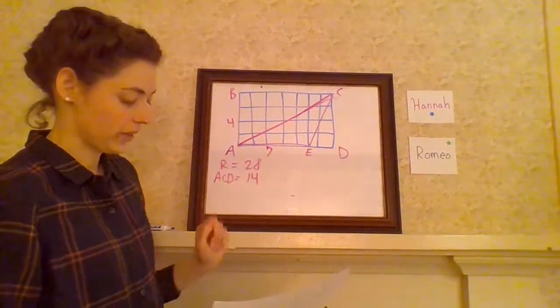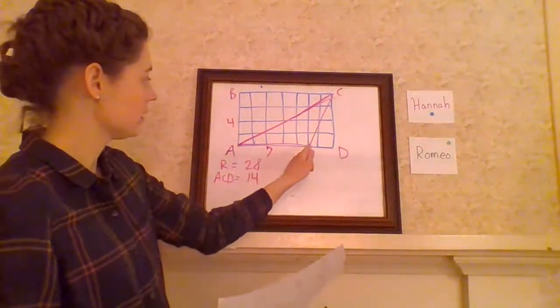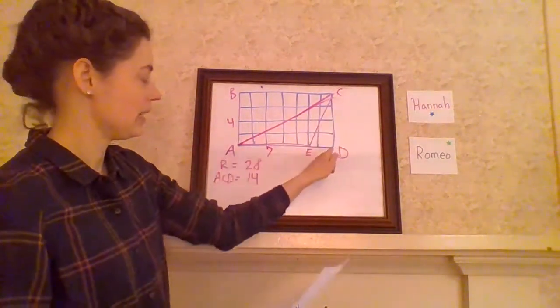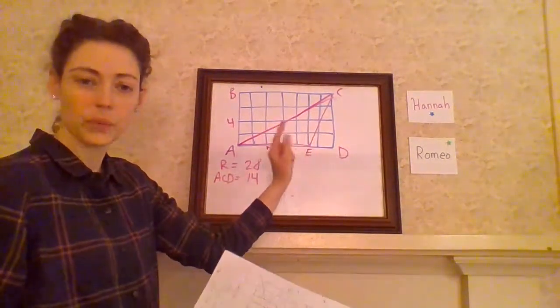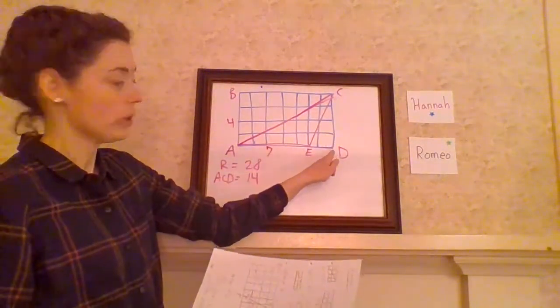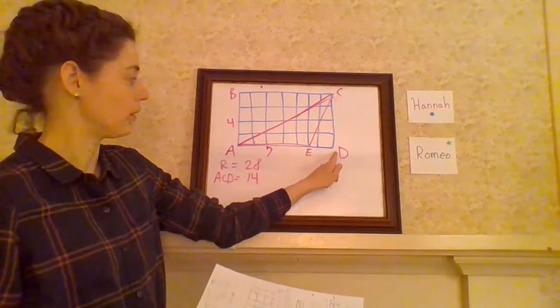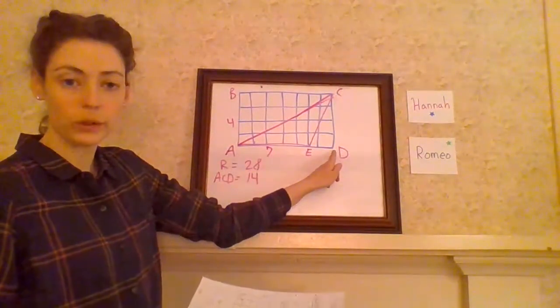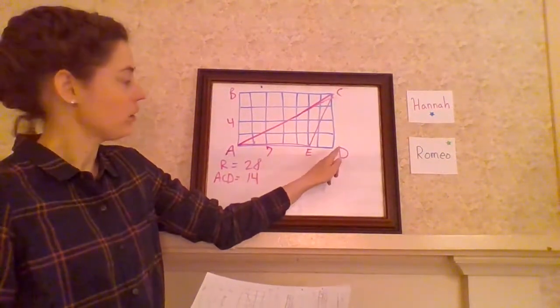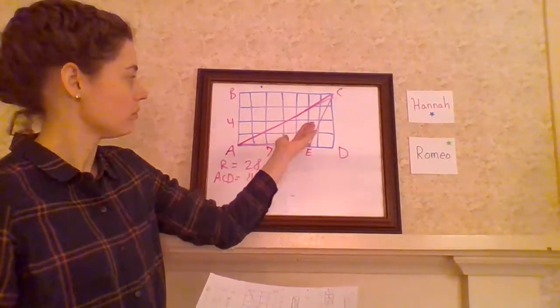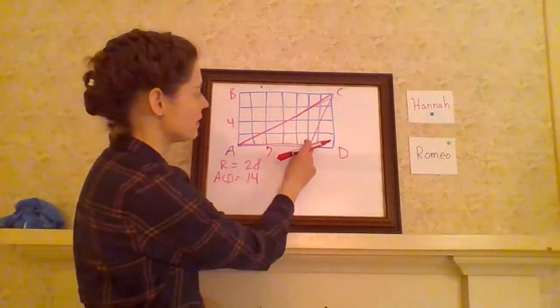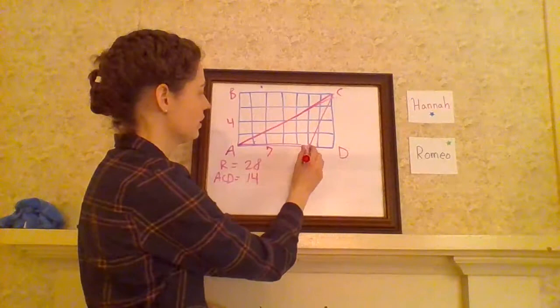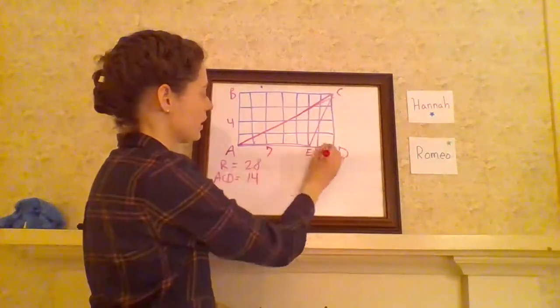We can also find out what ECD is. How can we find that? Well, we know how to find a right angle triangle, right? If we have a right angle triangle, we know that's half of the rectangle that it would make if you flipped it. So this is half of this whole area here.